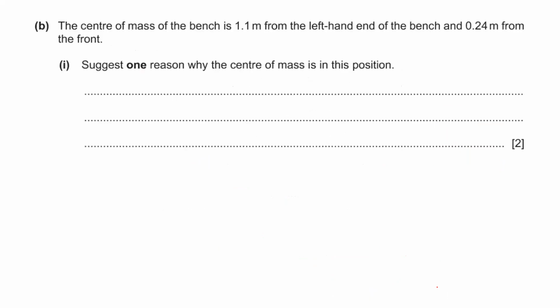Okay, next part. It says the center of mass of the bench is 1.1 from the left hand end of the bench and is 0.24 meters from the front. So basically, if we see the plank, it is something like this.